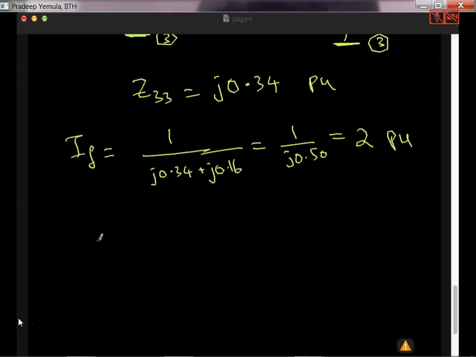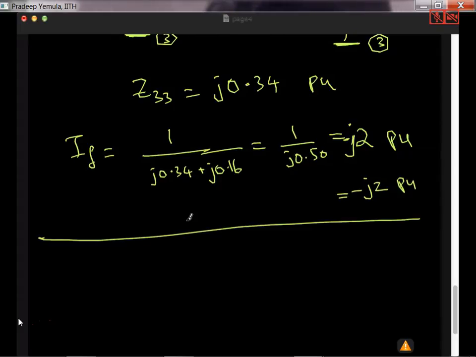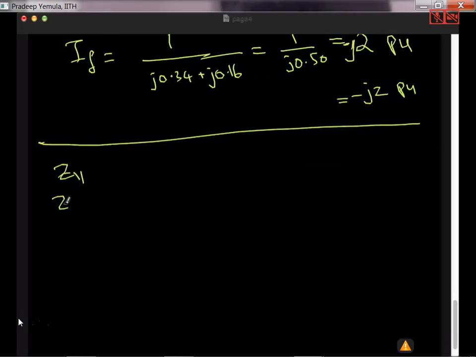And then you can always find the fault current from the first generator, so minus J2 and so on, which I am not doing because I am running out of time. One thing I would like you to notice now is what the values of Z11, Z22 and Z33 are.